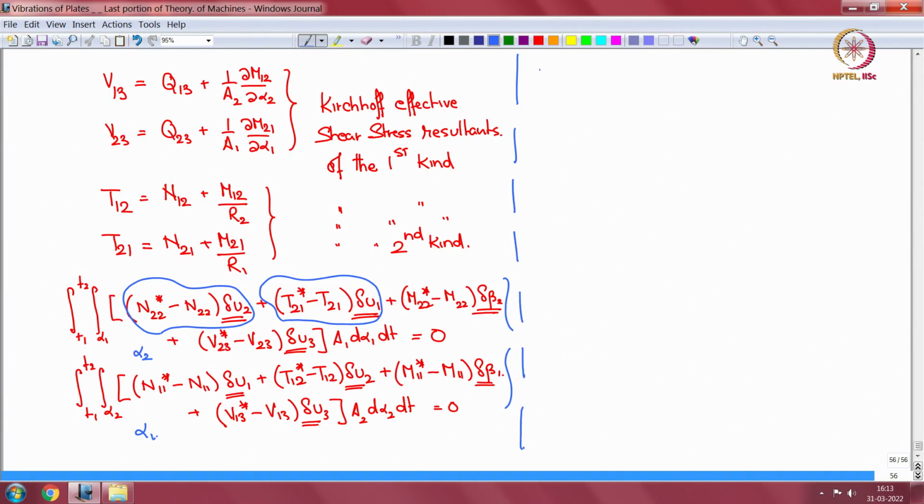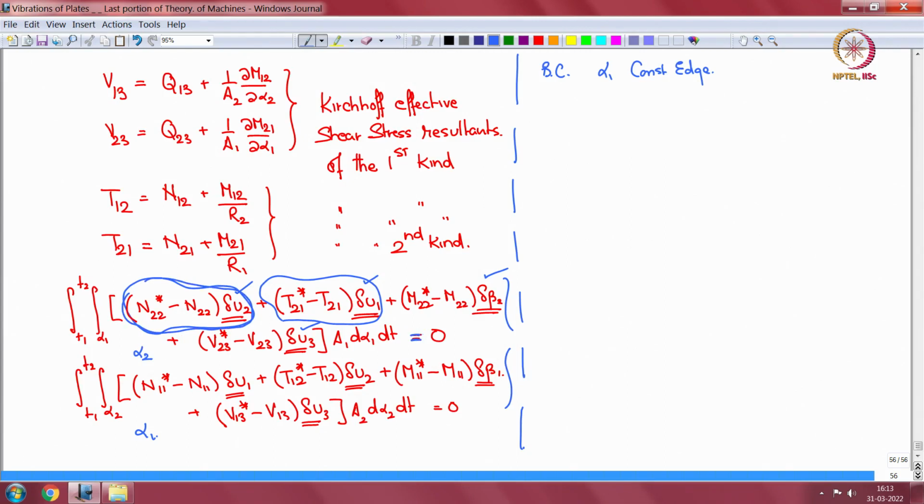So, we have the boundary condition at the alpha 1 constant edge. Because each of these variations is independent, therefore, each term independently has to be 0 in order for the total to be 0.